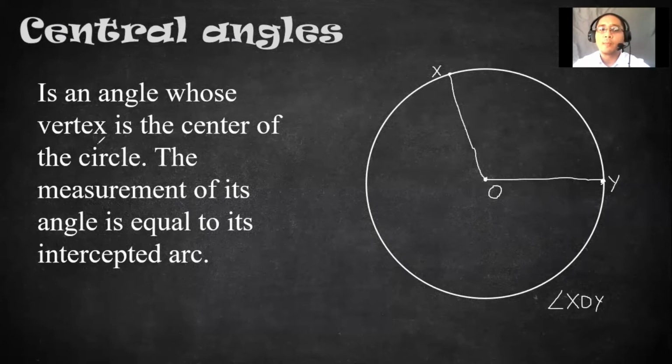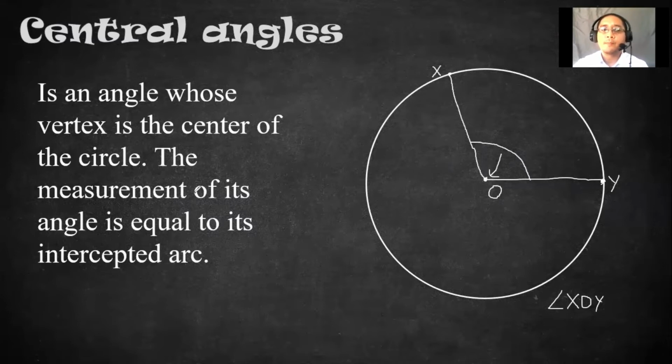Take note, if we go back to the given statement that was provided, the vertex is the center of the circle. Observe our vertex here, the center of the circle. Direct to the point, this angle now is a central angle.